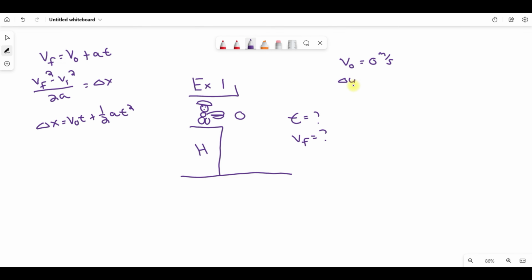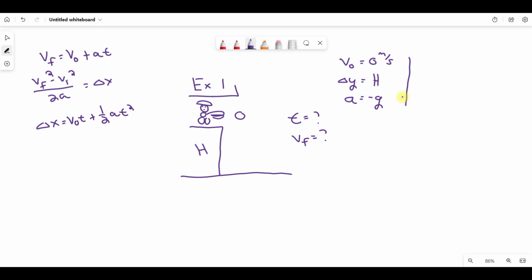Then we know that its displacement is h. And we also know that the acceleration is negative g, which is the acceleration due to gravity, equal to negative 9.8 meters per second squared, which is on your equation sheet, so you don't have to memorize it, but at some point, if you do enough problems, you'll just end up memorizing these anyways.